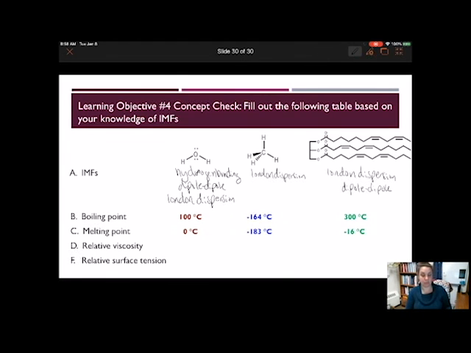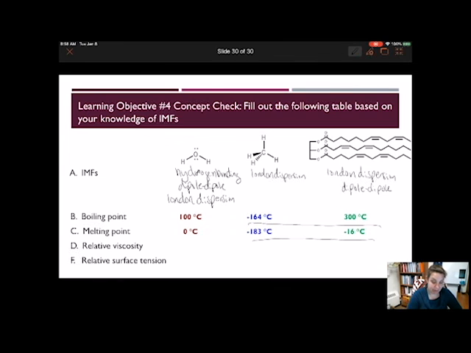When we compare our methane versus our vegetable oil, we see that they have significantly different melting points and boiling points. This is due to the very large size of the carbon-hydrogen chain within vegetable oil.